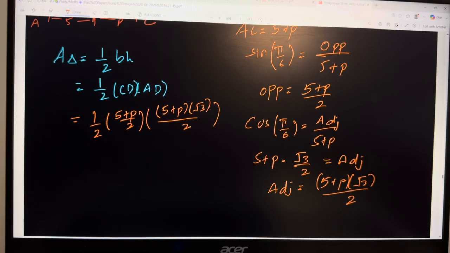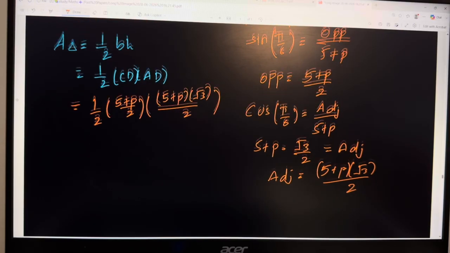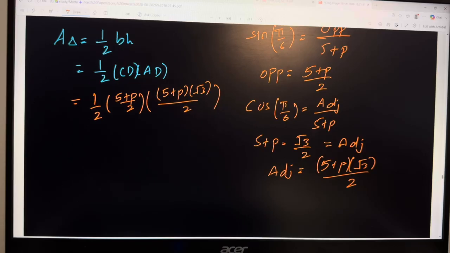So how can we simplify this? First you can see that both denominators are 2, actually all three denominators are the same, so we can multiply the above part. So this becomes 5 plus p times 5 plus p, so this bracket becomes squared, times root 3 upon 2.